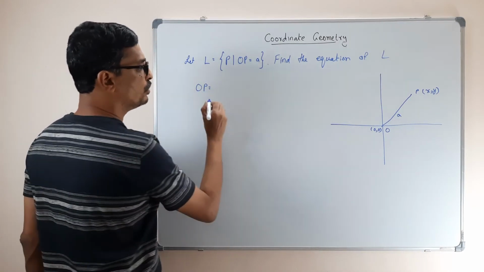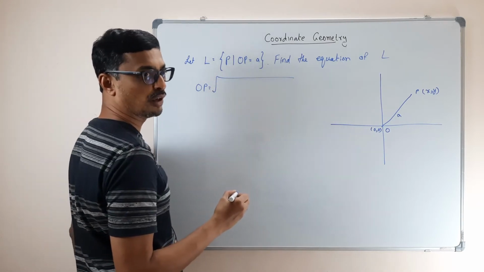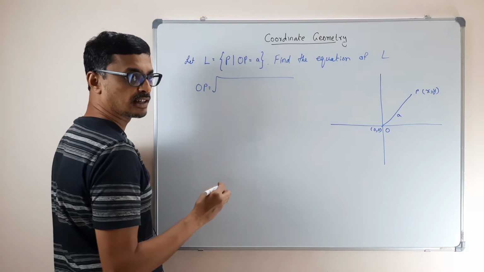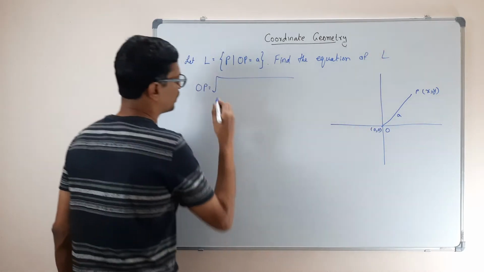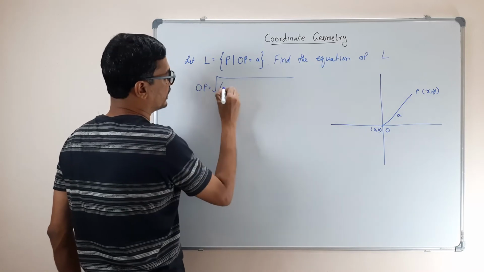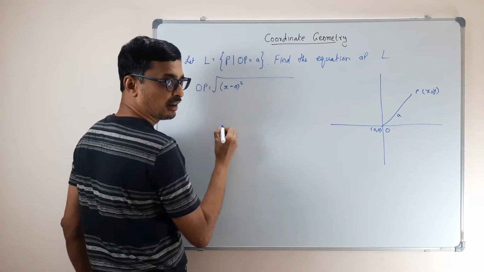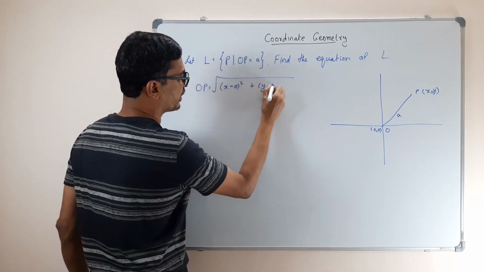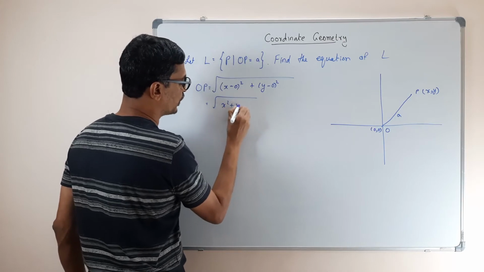OP is equal to the square root of (x1 minus x2) whole square plus (y1 minus y2) whole square. Remember, 10th standard, correct? So if you have 2 points, this is the formula. Here it becomes (x minus 0) whole square plus (y minus 0) whole square, which is x square plus y square.